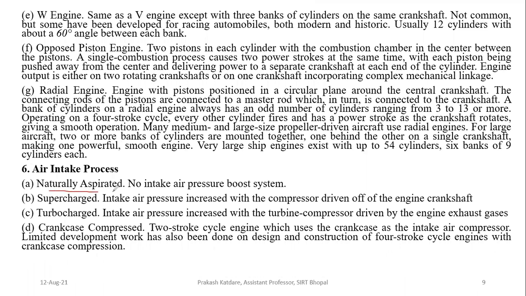If it is naturally aspirated, that is, we are not using any type of pressure booster system to increase the pressure or temperature of intake air, then it is known as a naturally aspirated engine. If the intake air pressure is increased with the help of a compressor, and this compressor is getting power from the engine camshaft, then it is a supercharged engine.